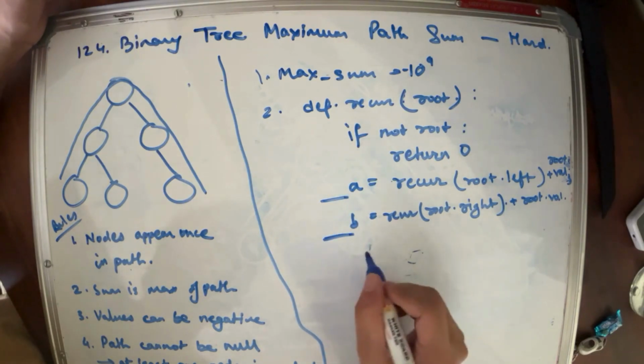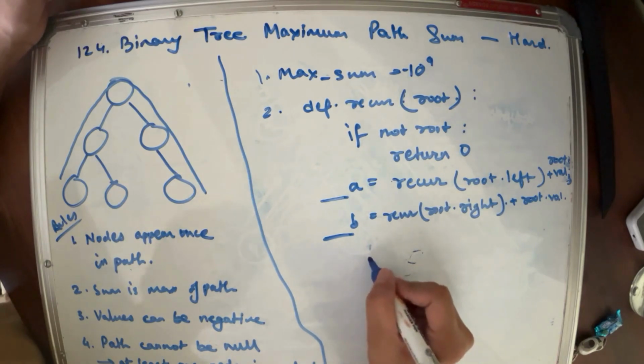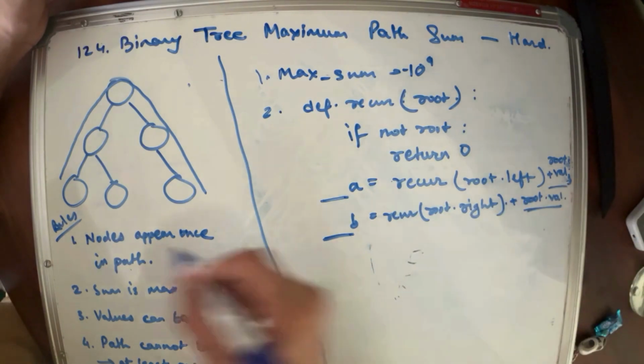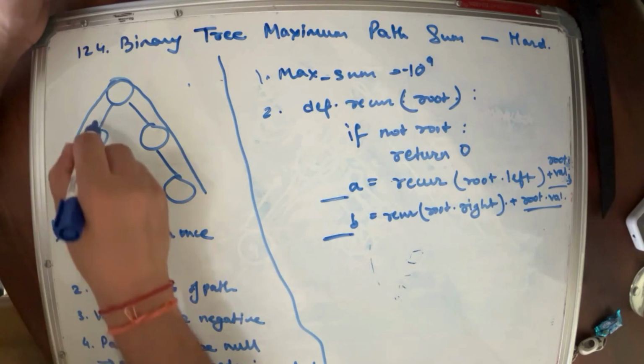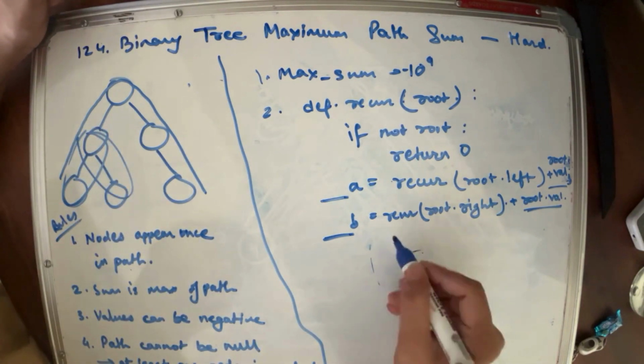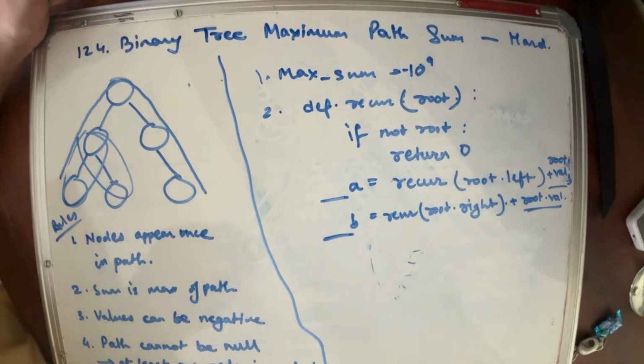Okay. Now there can be two possibilities. As I said, one can be for the subtree only. So because we are adding that root value to get the maximum path, like the maximum path for this and maximum path for this.